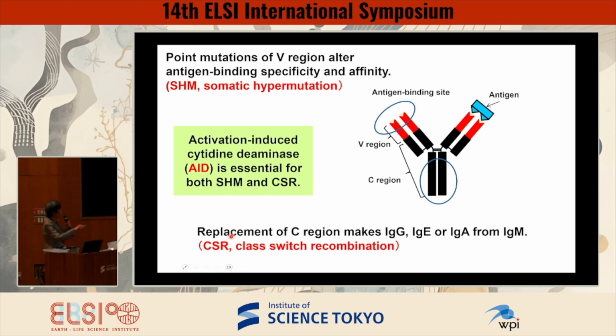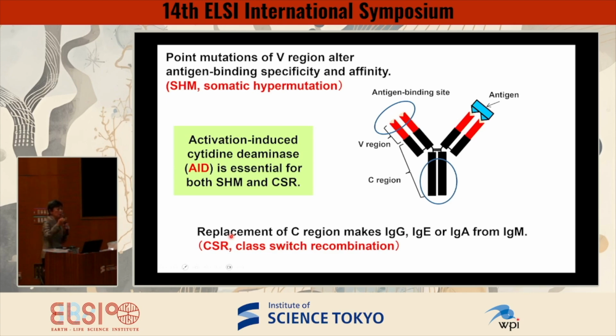As you know, this Y-shaped protein is an antibody, and the antibody recognizes antigen with the antigen binding site at the tip of the Y arms. High quality means the antibody can recognize a proper target and also has high affinity, and those things are determined by this antigen binding site.